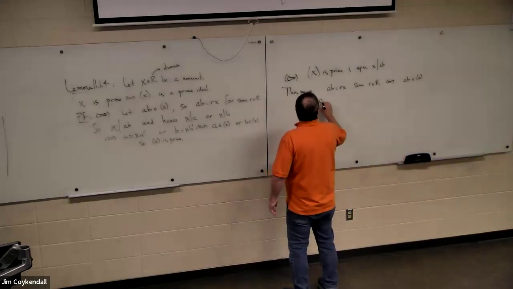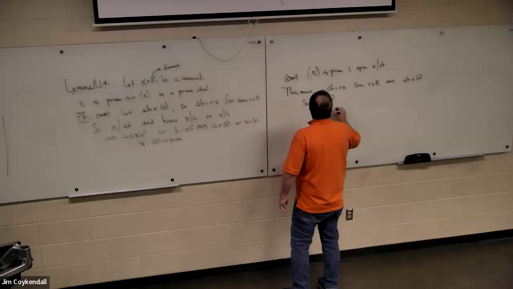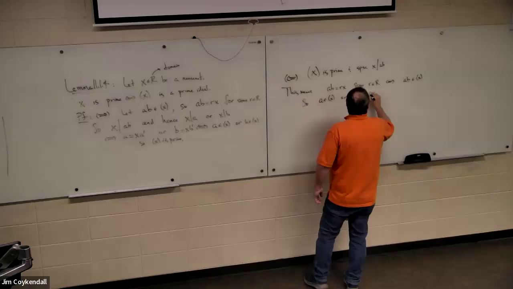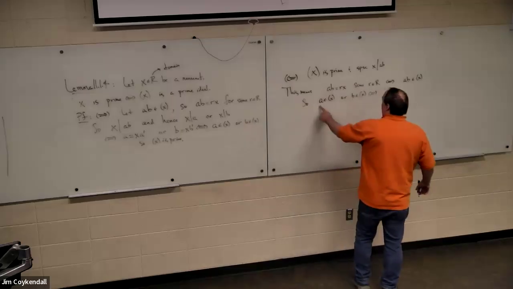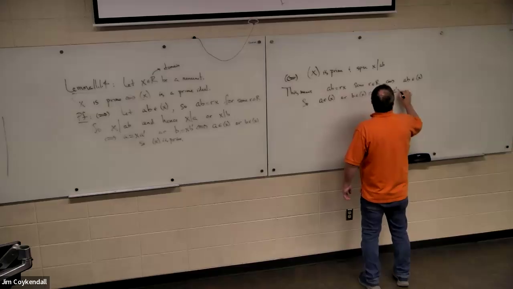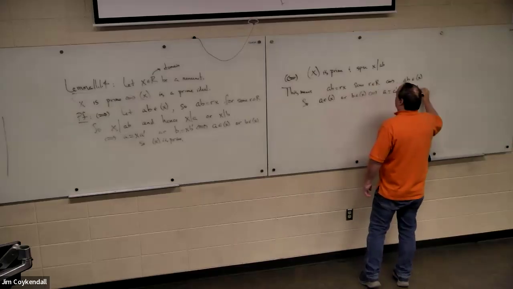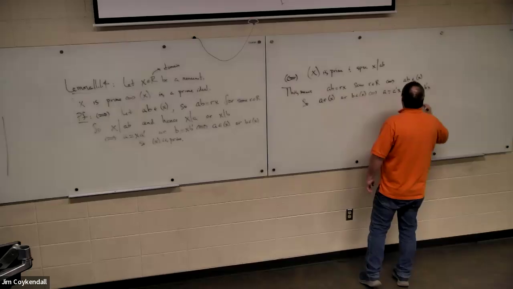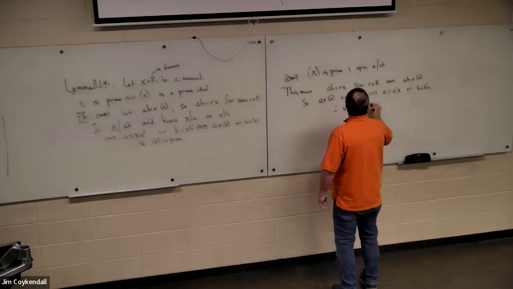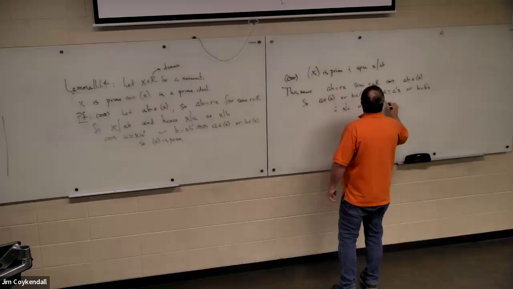So A is in the ideal generated by X, or B is in the ideal generated by X, which is equivalent to A equals A prime X, or B equals B prime X. Therefore, X divides A, or X divides B, and X is prime.